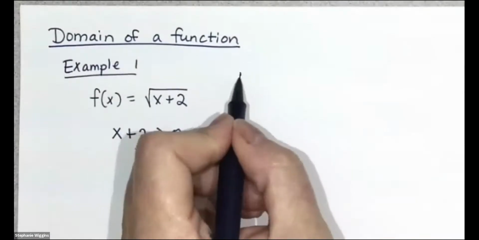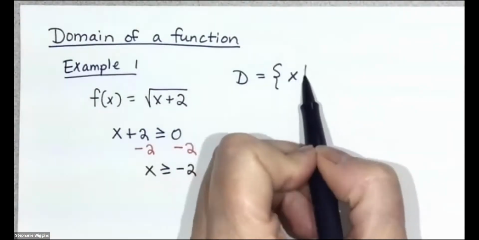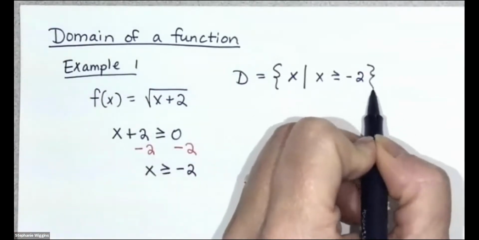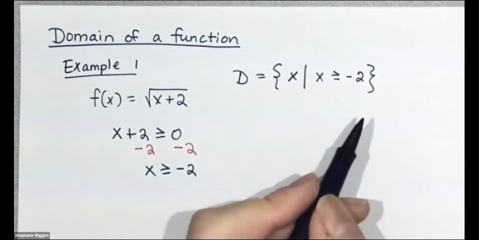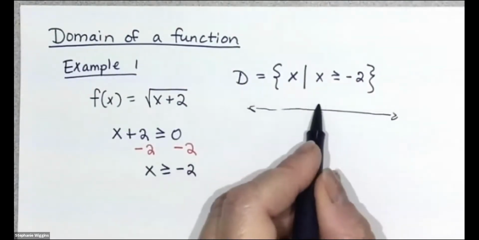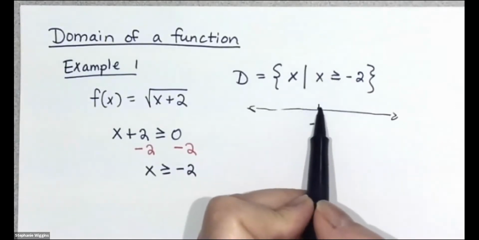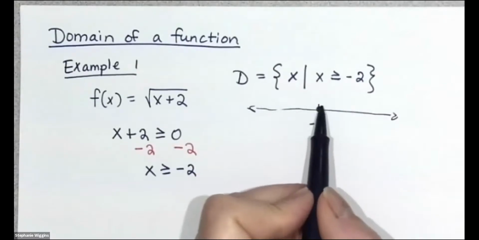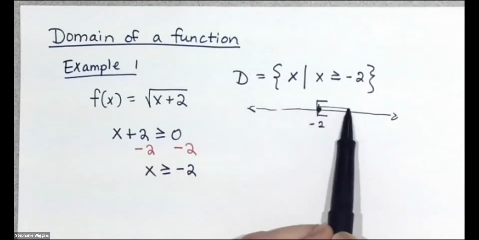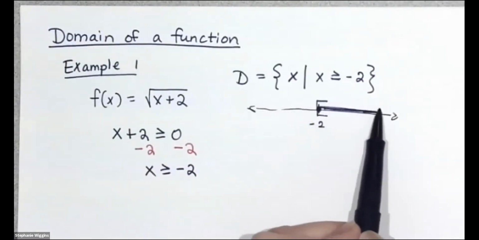So the domain then is the set of all x such that x is greater than or equal to negative 2. And if I put this in interval notation, if you think about it on the number line, here's negative 2. This equal sign says that I can include negative 2, and in interval notation we use a square bracket like that. And then it is everything above, greater than or equal to negative 2.